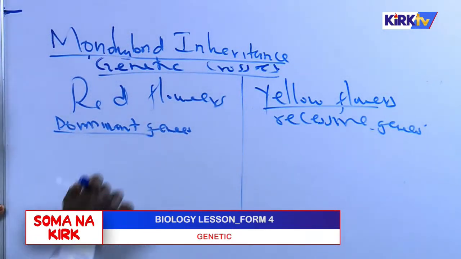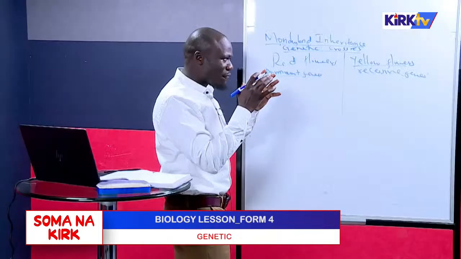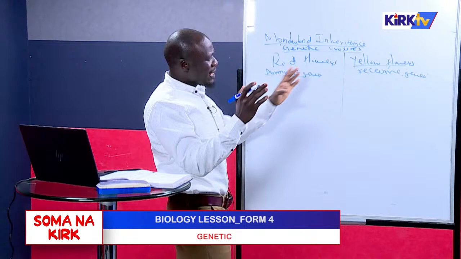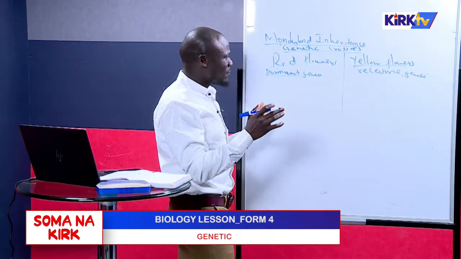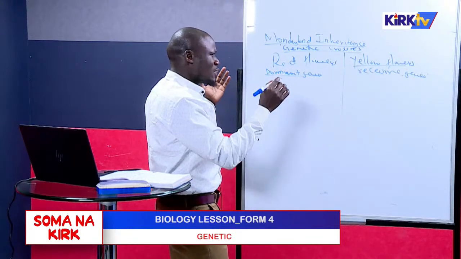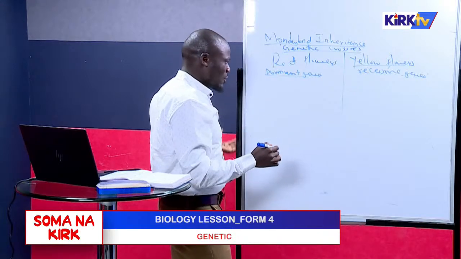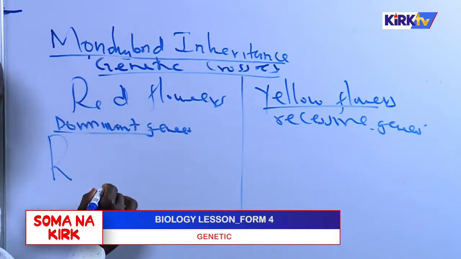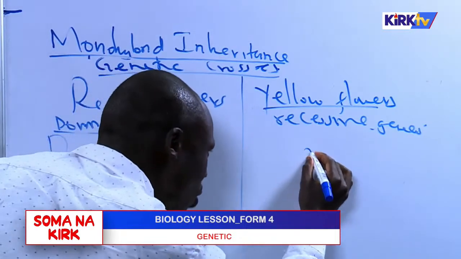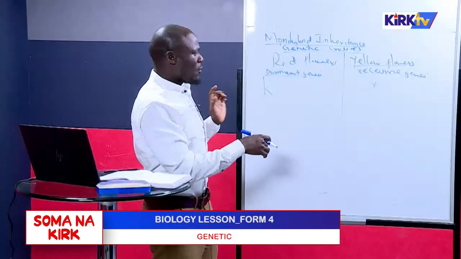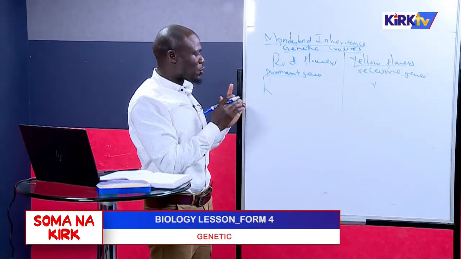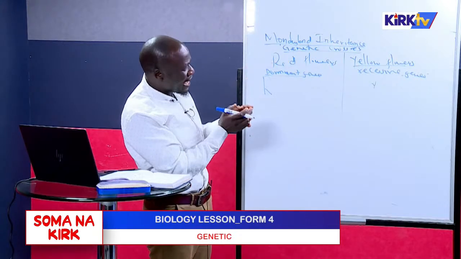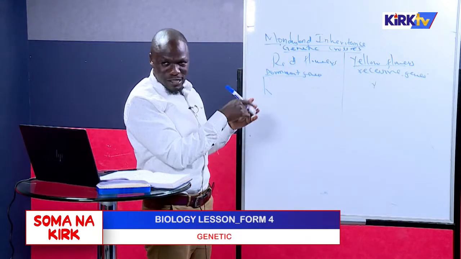Then the other letter, which is in lower case, will represent the recessive gene. Let the gene that is controlling the flower color, because here we've not been given, let's pick R. So we are going to have capital R, and we are going to have small r. Or I could have used a different letter, because somebody will think R will be red, while the other r will be representing a different color.